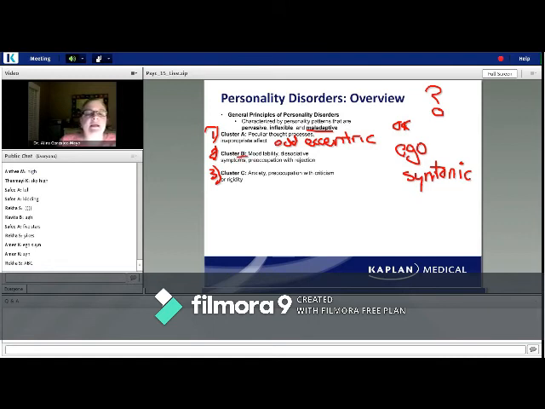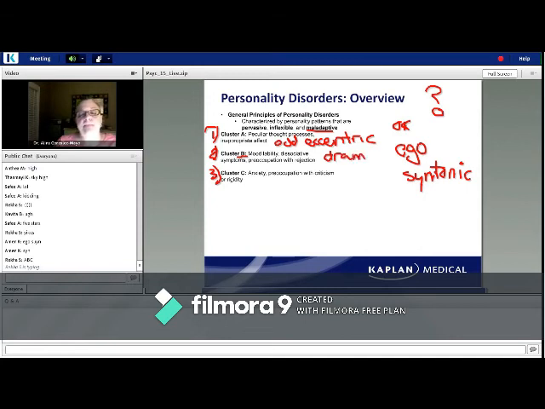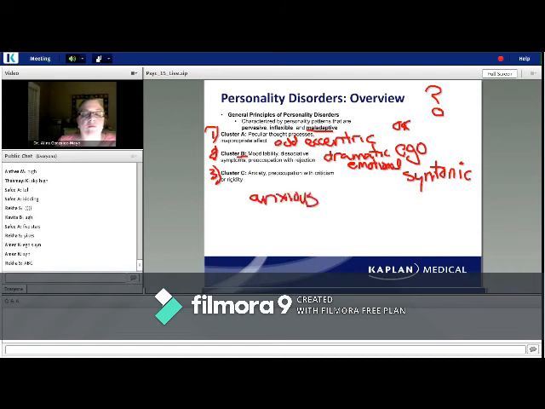Cluster B is the dramatic and emotional type. And cluster C is the anxious type, the worrier. So know the name of the cluster and know what's in the cluster.